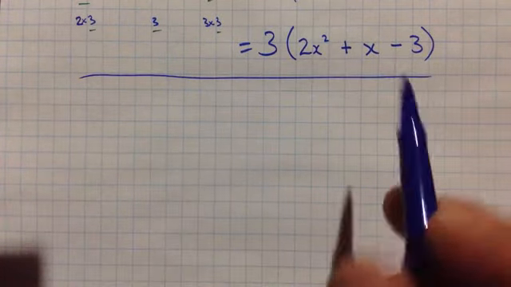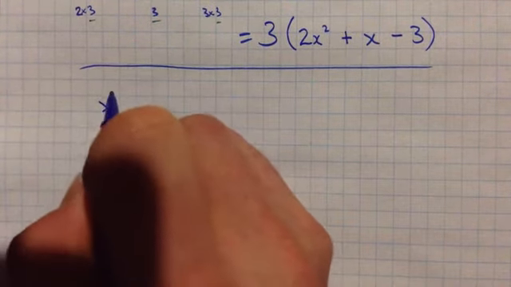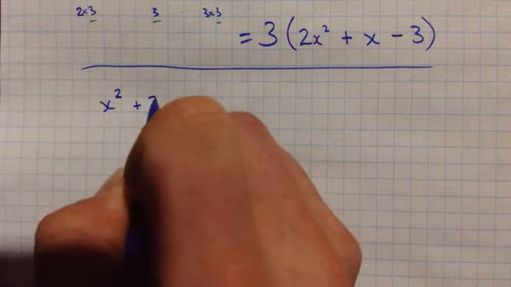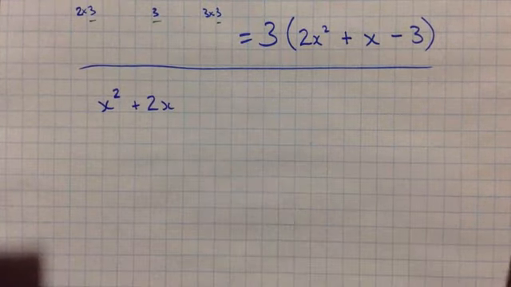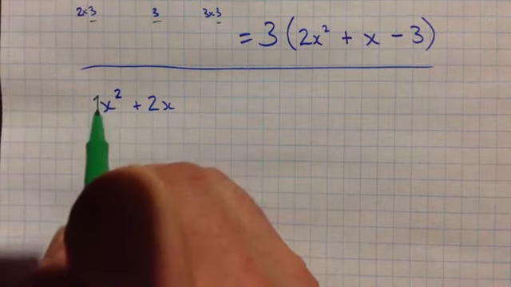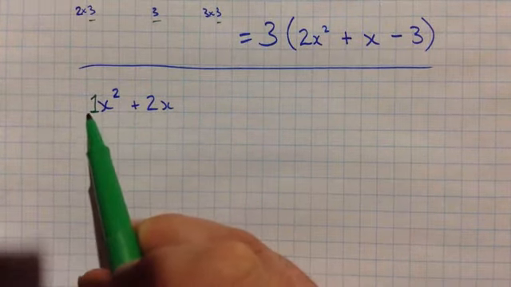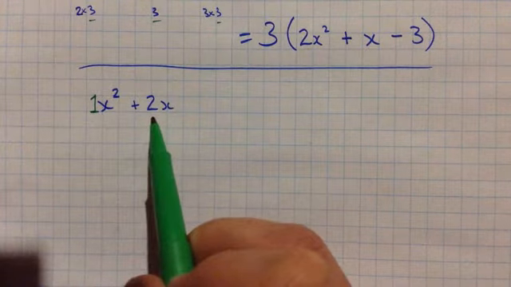Okay, so that's a quadratic polynomial. Let's do another quadratic. This one's a little different though, because I'll write it in here like this, x squared plus 2x, and it has a coefficient of 1. There isn't a nice large number out in front that has something in common with this 2.